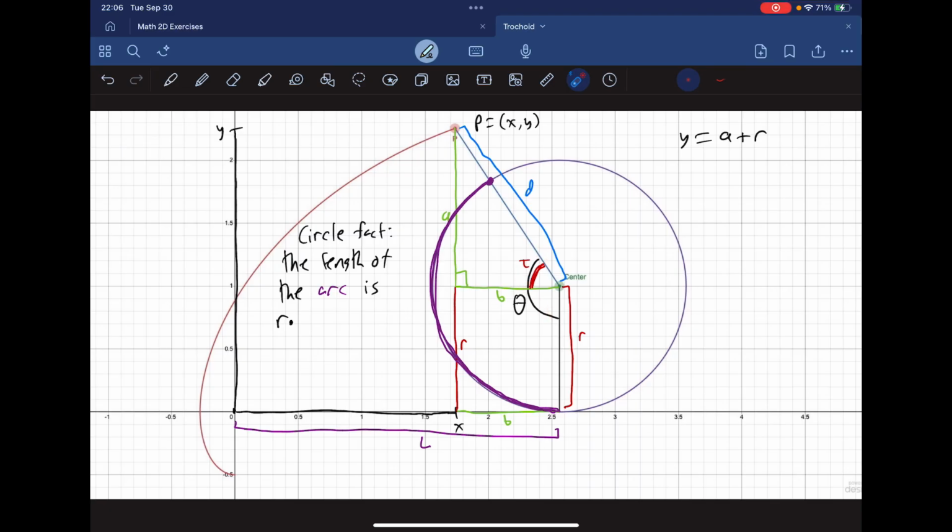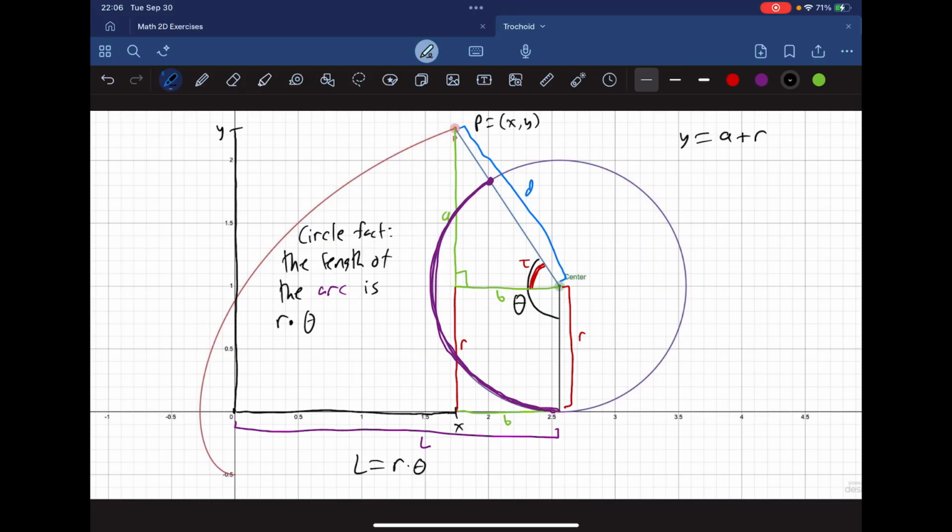And it's important that this angle be measured in radians, otherwise this length formula doesn't work anymore. But we know what this angle is. This angle is our parameter theta. So the length of the arc is r times theta. But as we've already mentioned, we know that L is equal to the length of that arc, and therefore L is equal to r times theta.